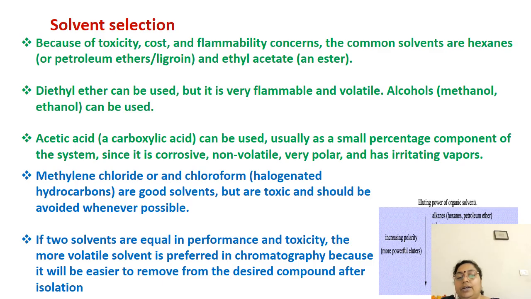Methylene chloride and chloroform are also good solvents, but are toxic, hence should be avoided whenever possible. If two solvents are equal in performance and toxicity, the more volatile solvent is preferred because it will be easier to remove the solvent after separation.